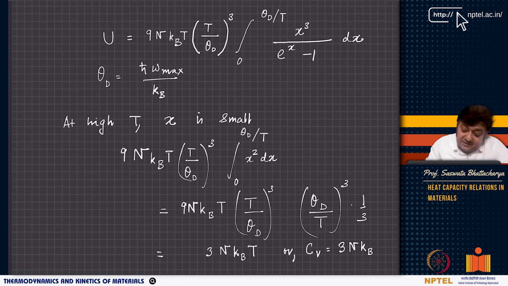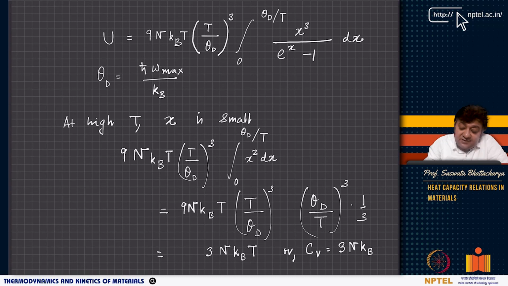At high temperature, x is small, right? As you go to higher and higher temperatures, x is basically theta D by T, so x becomes small as T increases. If x becomes small, then you basically have x cube by e to the power x minus 1.